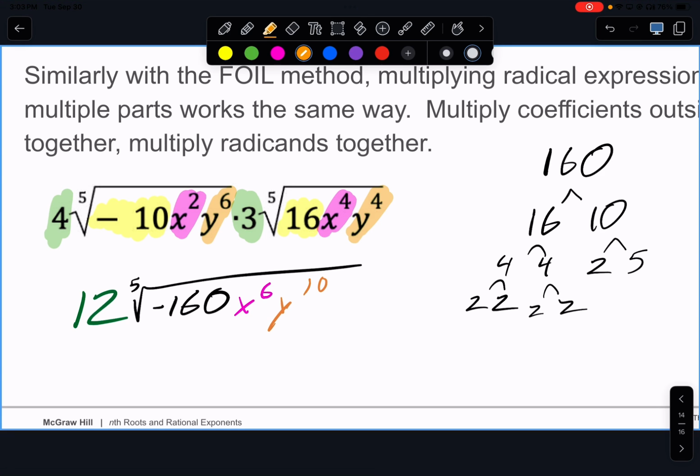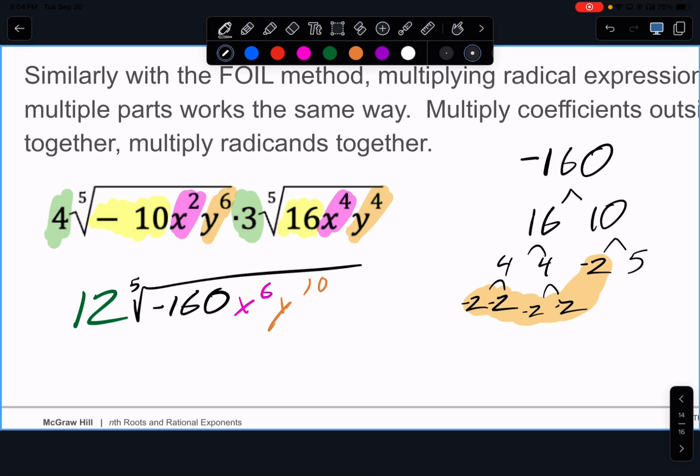Oh, there we go. We got 5 2s, right? So I know that that's going to go with it. Now, here's the thing we have to remember: because we're actually working with negative 160, these are all negative 2s. So what we're going to pull out is a negative 2.